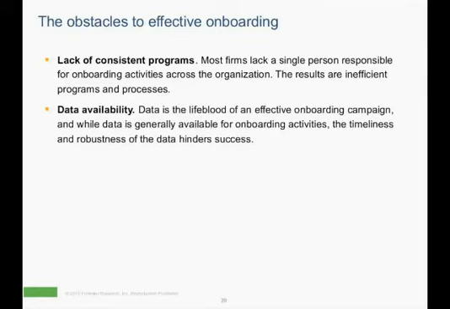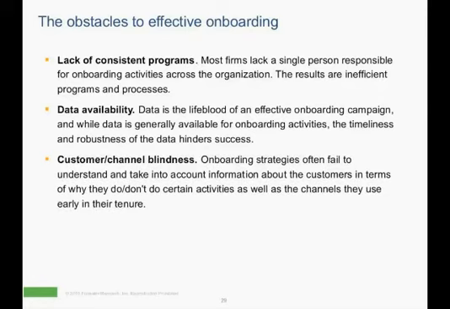Data availability comes up a lot of times. We know that timeliness is important, but we can't get the data. So that hinders getting information out there. If we know based on J.D. Power and Associates that contact within 3 days increases satisfaction, and we can't get there for a week, what does that mean to us? Customer and channel blindness. We fail to understand, why do consumers leave?